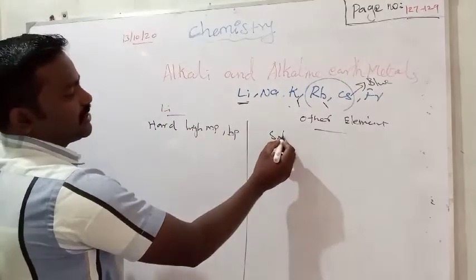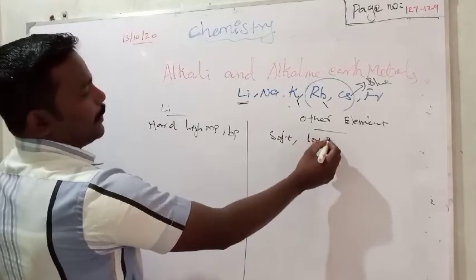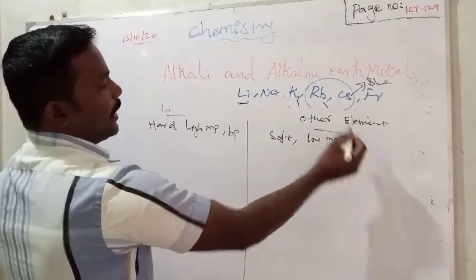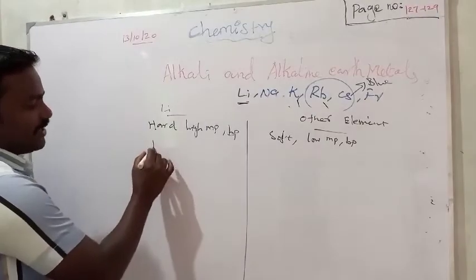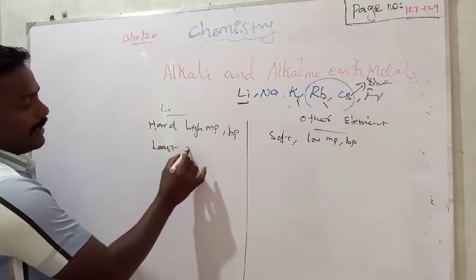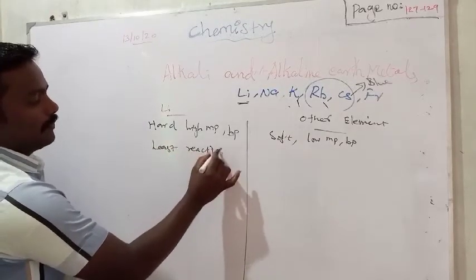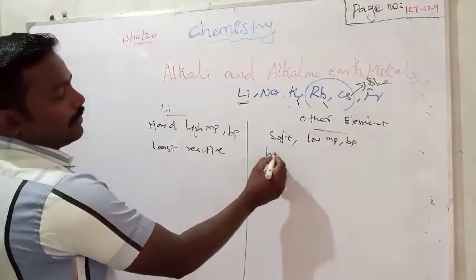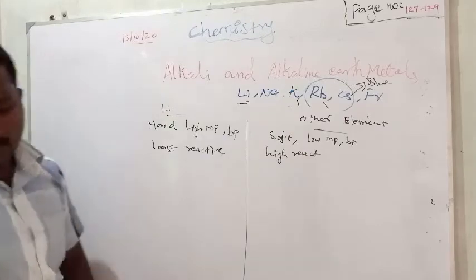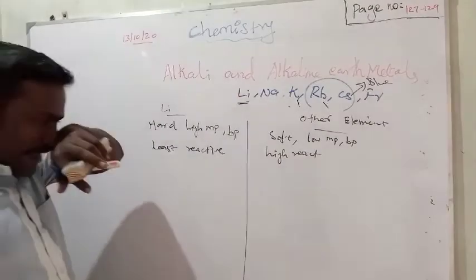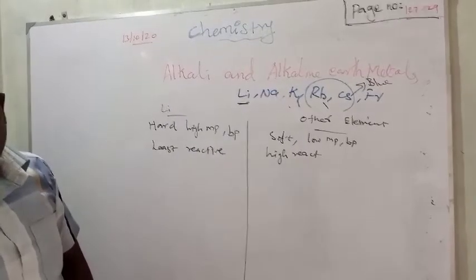But other elements are soft in nature, with low melting point and boiling point. Very important, my dear students. And then least reactive. If you compare, lithium is least reactive, but the others are highly, violently reactive. See, first, they will form peroxides, other oxides, right?